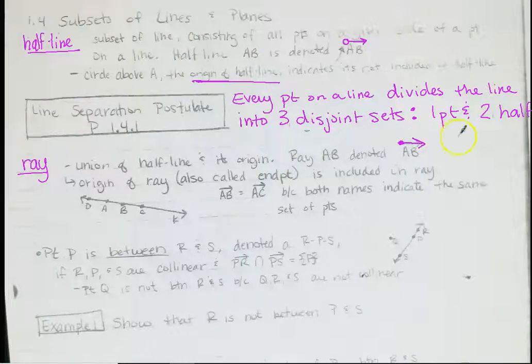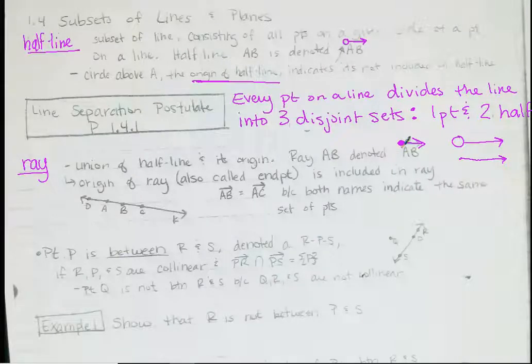The half line does not include the origin, it's just the line part. The ray includes the origin and the line. It's so specific. The origin of the ray is also called the endpoint, and it is included in the ray. We don't usually draw it, but I am drawing it as the full circle so you realize that it's there and it is included in the ray.